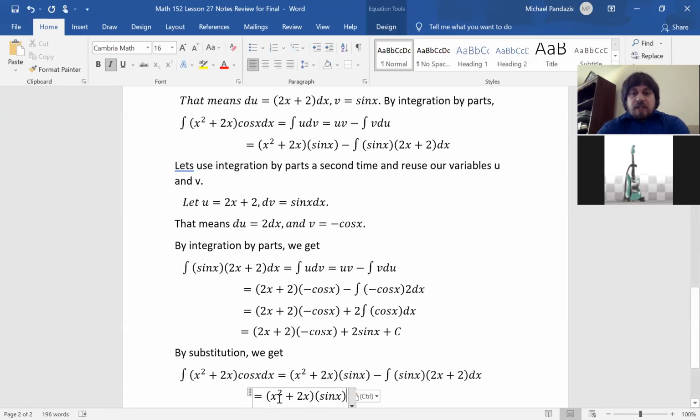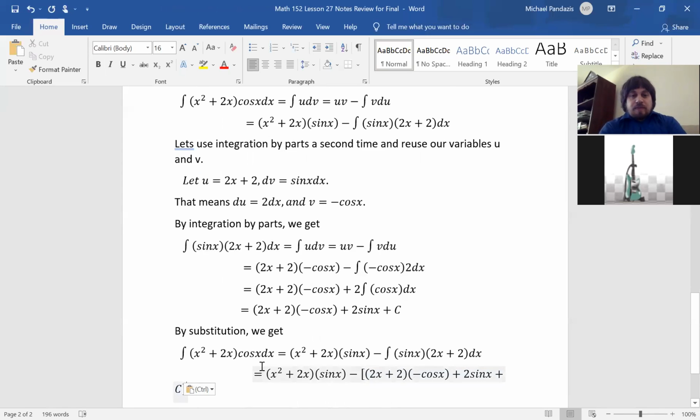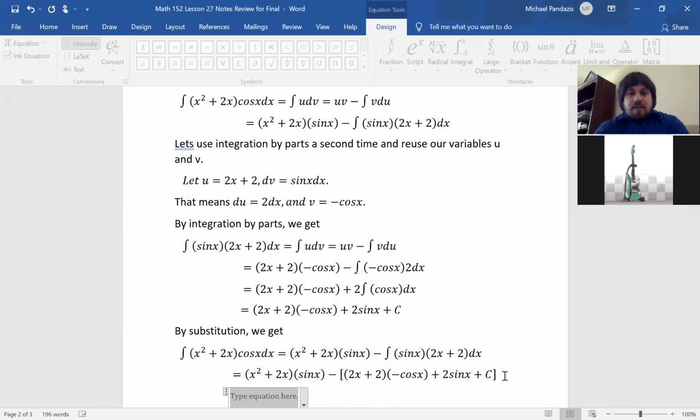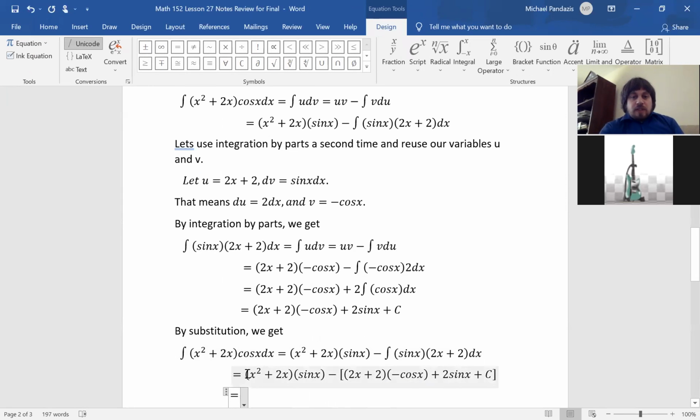It's equal to this, but then minus this integral, which we found was this. So now it's minus this thing, because that's what that integral is. And so now we have that.